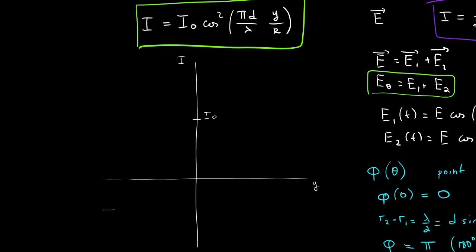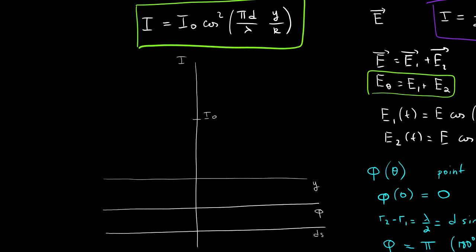Then I want to add the corresponding values for the phase difference, phi, and for the path difference, which is d sine theta.